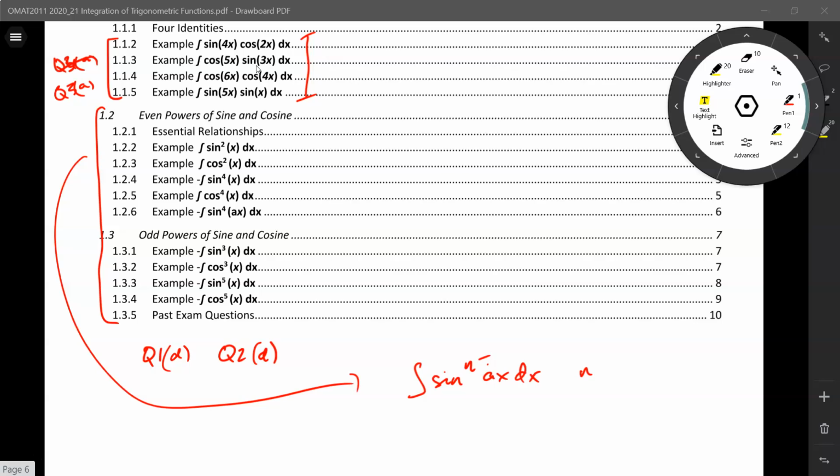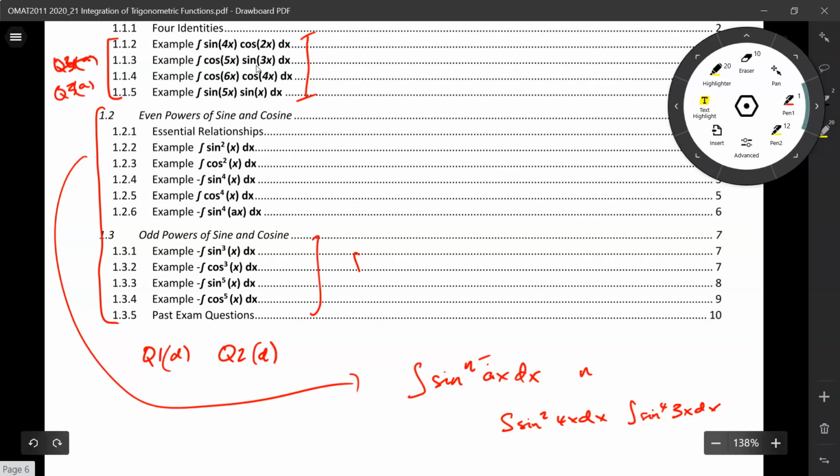So what happens then is you also have sine functions like this, where you basically have an even power. So you can have sine squared 4x dx, and that's where you have an even power. There's a technique for doing those questions, and then there's a different technique if the power is odd.